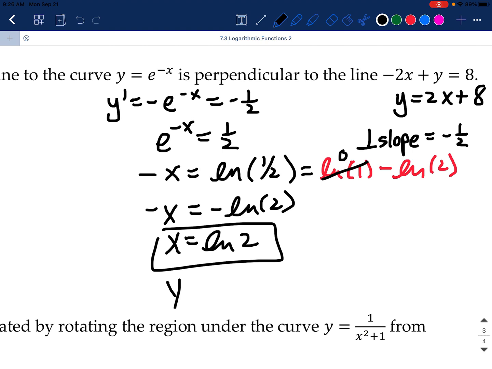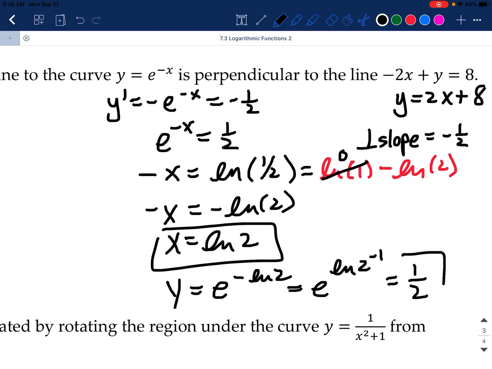So plugging that into our equation, we'll get y is equal to e to the negative natural log of 2, which we can then bring up the negative exponent, so it'll be 2 to the negative 1, which means y is going to equal 1/2.